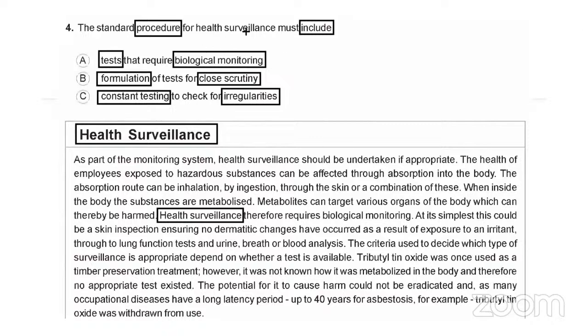At its simplest, this could be a skin inspection, ensuring no dermatitic changes have occurred as a result of exposure, to breath or blood. The criteria used for health surveillance to decide which type of surveillance is appropriate depend on whether a test is available.